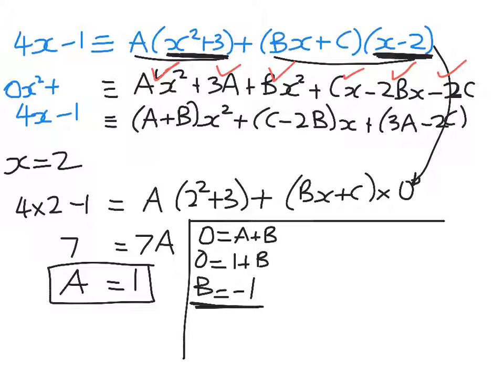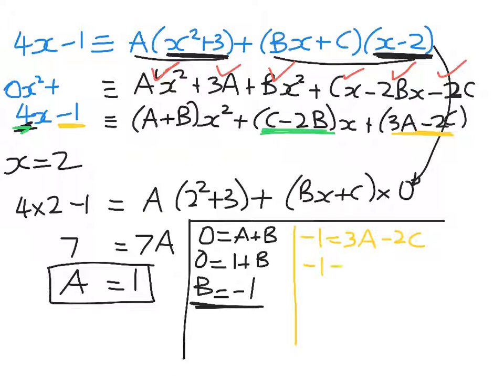And next we're going to match, well, we can either match up the 4 here with this coefficient, or we can match the constant term, the negative 1, with 3A minus 2C. That's what I'm going to do, but you can choose whichever you want. So here we're going to have negative 1 is equal to 3A minus 2C.